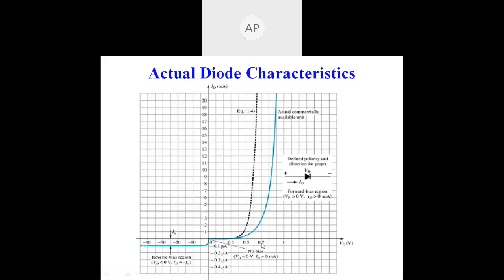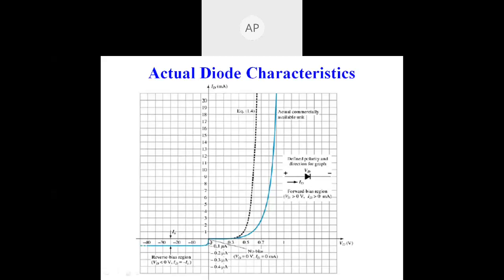So now if we club these two characteristics, the actual diode characteristic looks like this. If we consider this curve for a silicon material, the barrier potential under forward bias is 0.7. Before the forward external voltage reaches the diode potential, a very small amount of current, or initially zero current, flows, and then slowly the current increases.